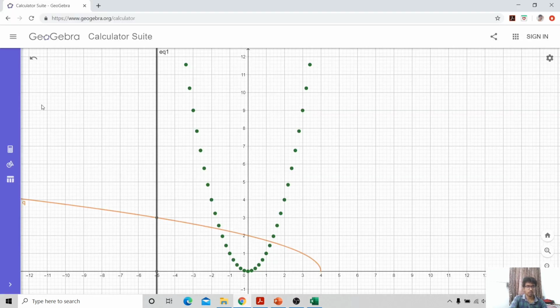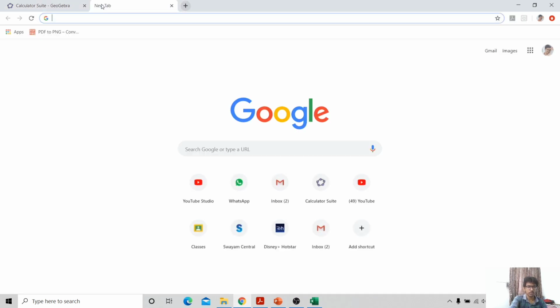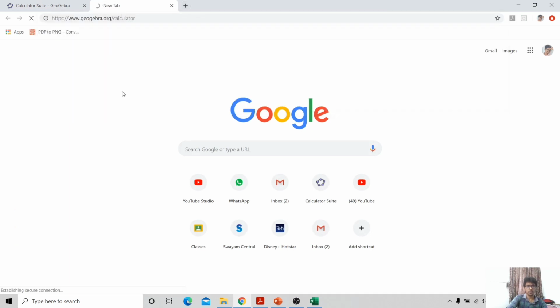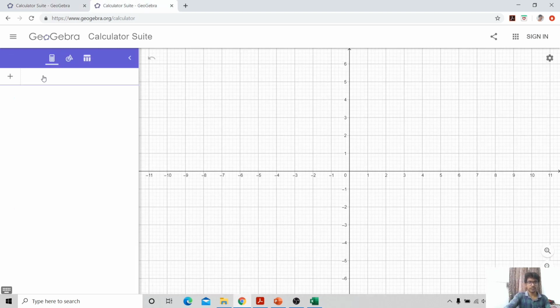Let us go back to GeoGebra and plot these things. Let me turn off these things and go to a new one. What are we going to do? We are going to plot a piecewise defined function.